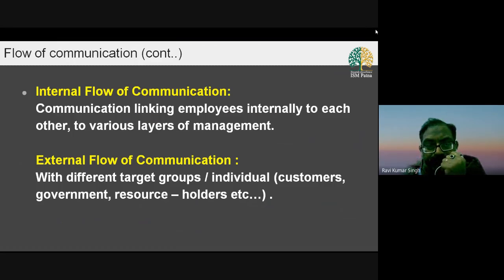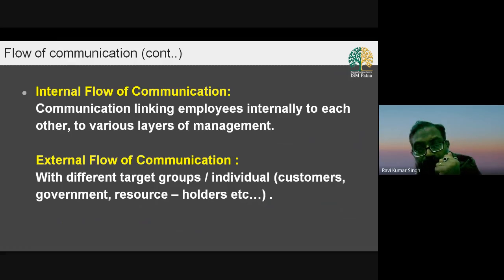Then we can classify communication as internal communication and external communication. Internal communication means the communication happening at various layers of management, linking employees internally to each other.